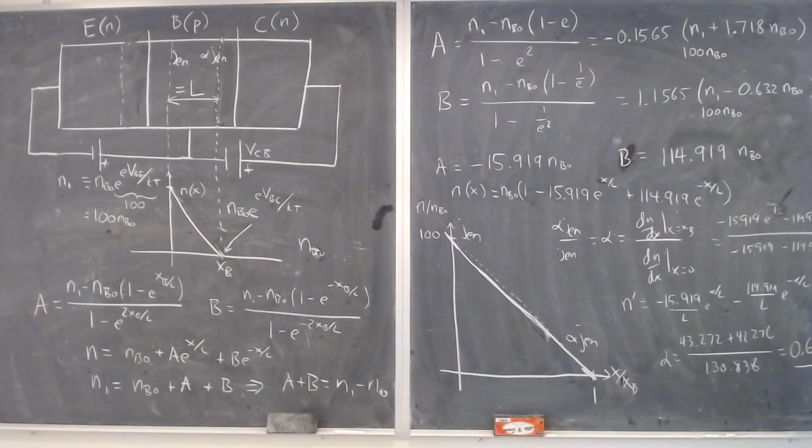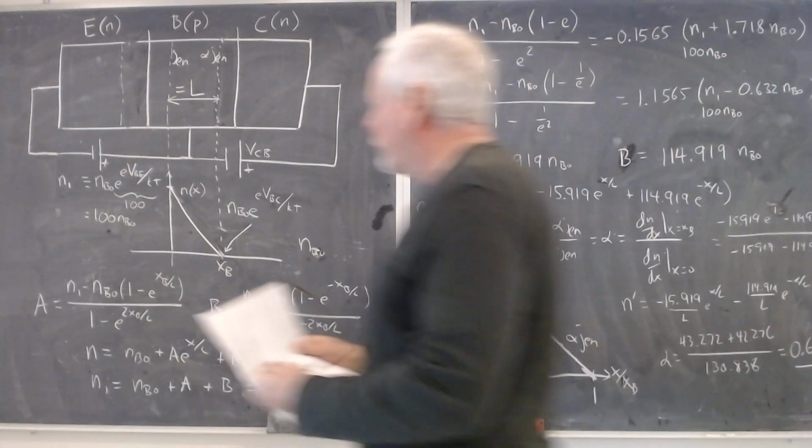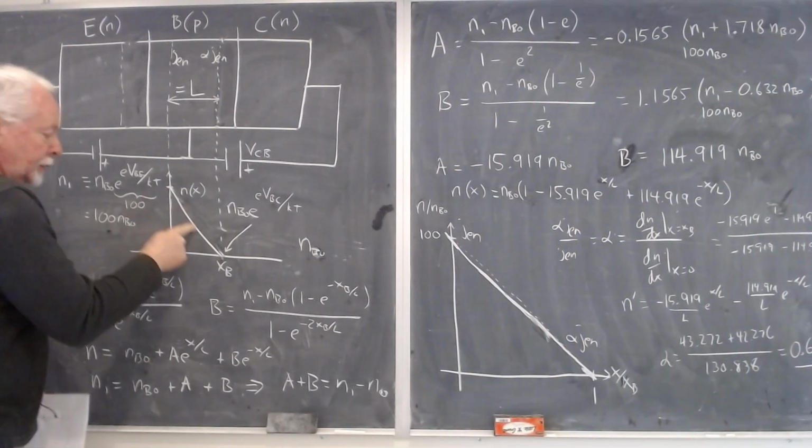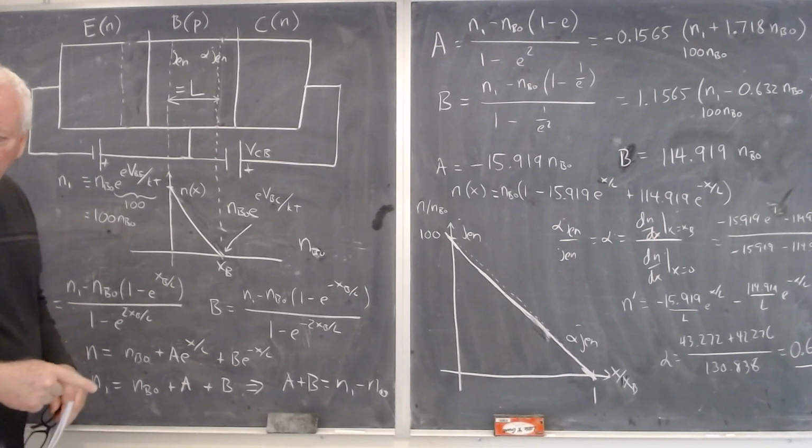And basically, you could have considered this to be an overall exercise to determine what alpha is for an NPN transistor designed with the base width equal to the diffusion length L. So I hope you learned from this homework assignment. It reinforced your understanding of the fact that this distribution here is not exactly linear.